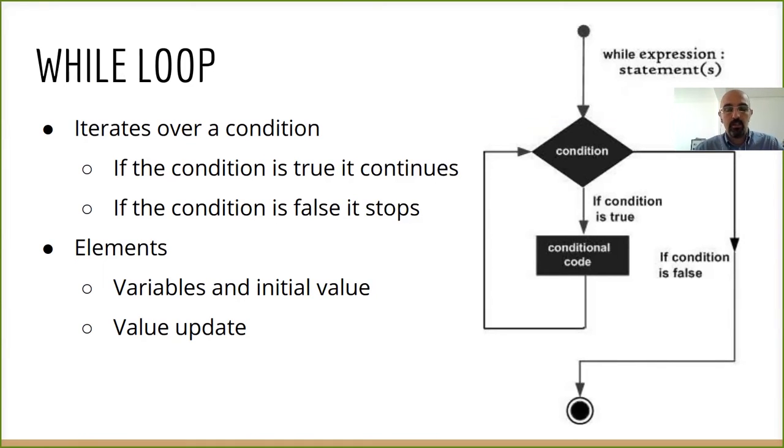But while, by explicitly setting a condition, the condition obviously should be parametric, should depend on some variables. And these variables should be declared and initialized before the while, because under those conditions, I will check whether to enter, to execute the first instructions inside the while, and obviously update it.